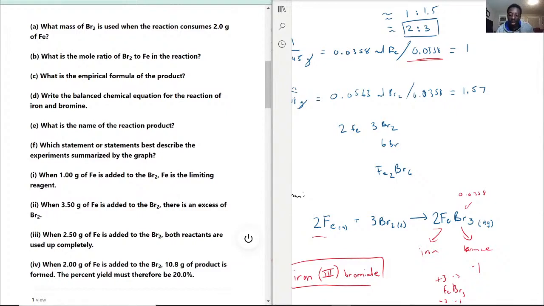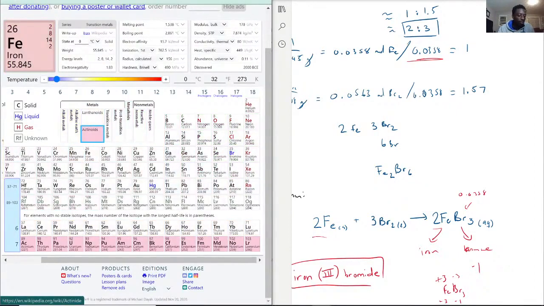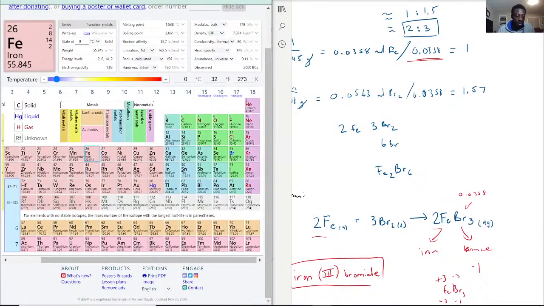Then converting over with the molar mass: iron(III) bromide, based on the periodic table, is 55.845 plus 3 times 79.904.